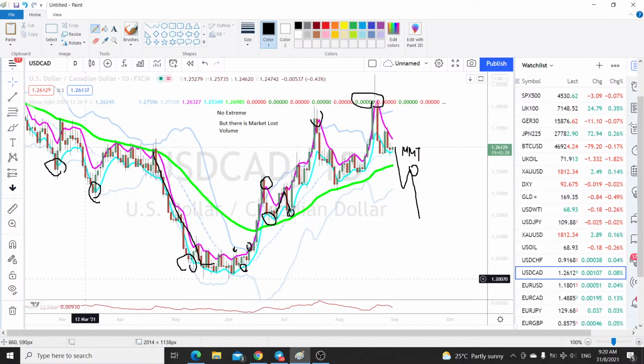This one is another re-entry, goes up. This one is another re-entry, goes up. As long as price is touching this low MA, this low MA is actually our re-entry. This is re-entry, buy.